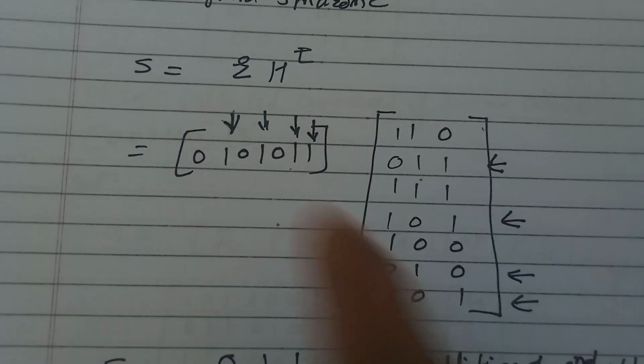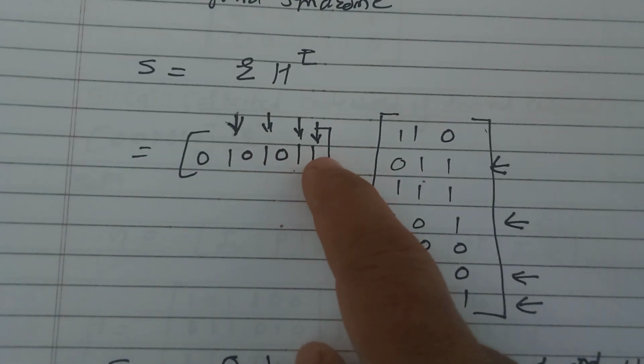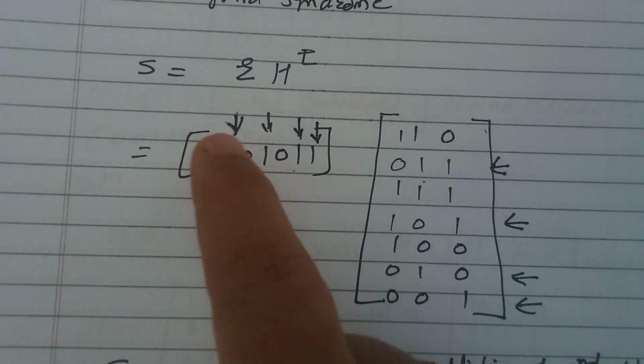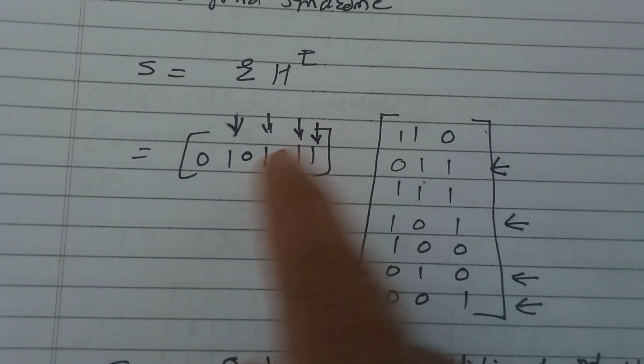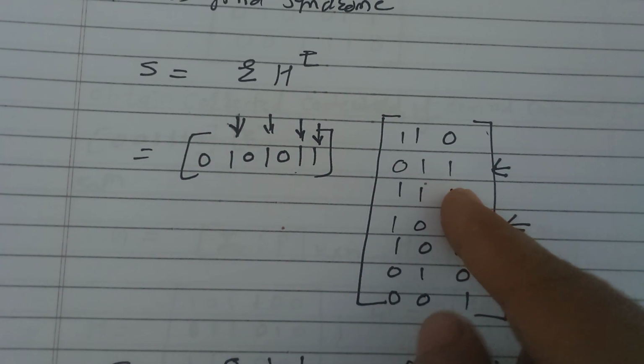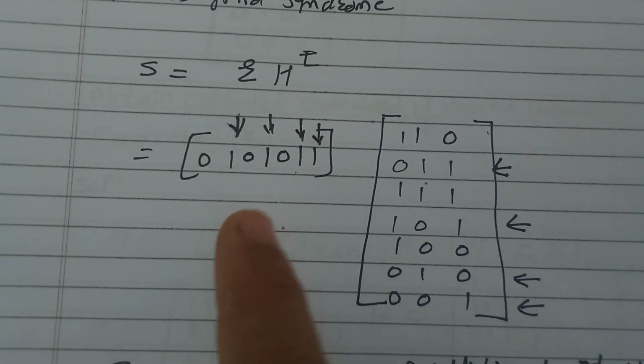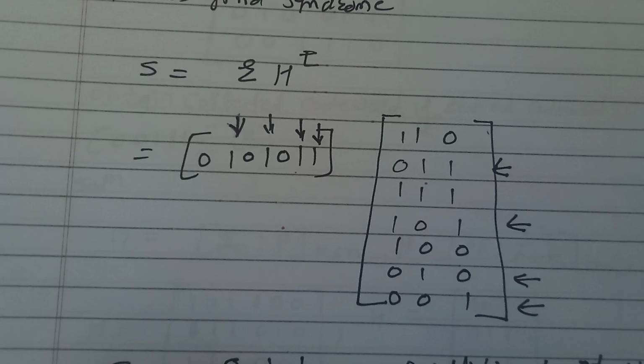Then you will get the second bit. After that, you multiply this row and this column, like 0 into 0 plus 1 into 1 plus 0 into 1, where plus means XOR or mod 2 operation. So that is the traditional method, but it will take too much time.